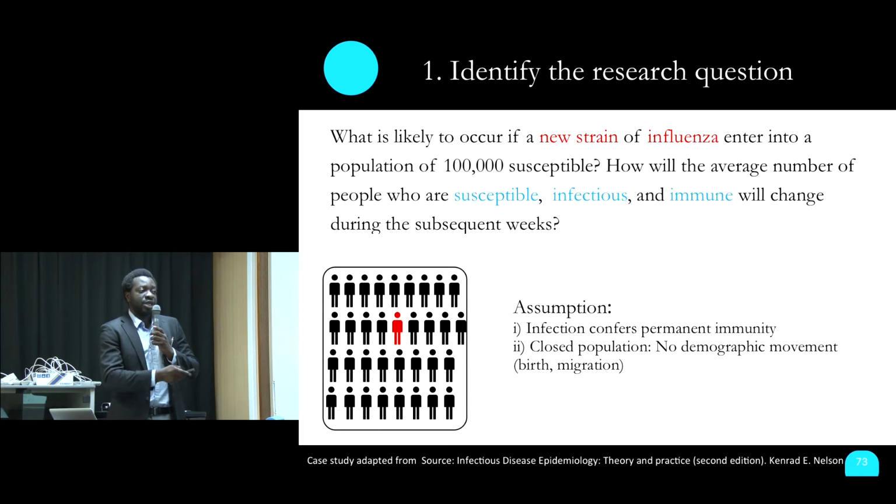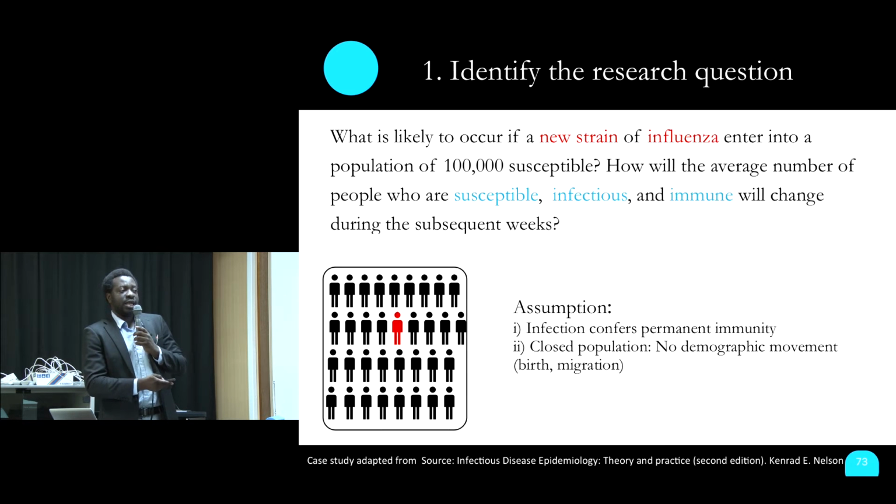So we have a population of susceptible, meaning that none of them is immune. And we have one infectious person. Is infectious because he can contaminate or transmit infection on to other people. So we would like to see what would be the change in the population who are susceptible and among those who become infectious and immune.